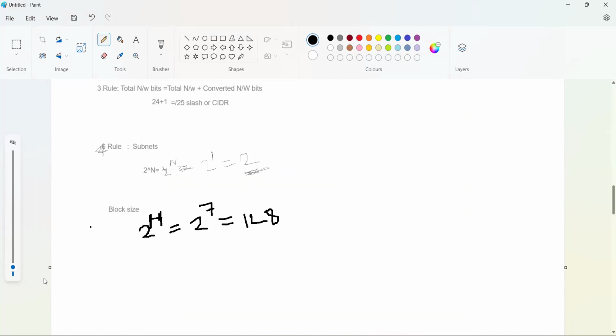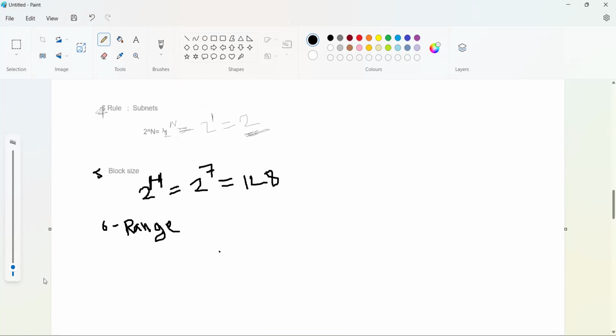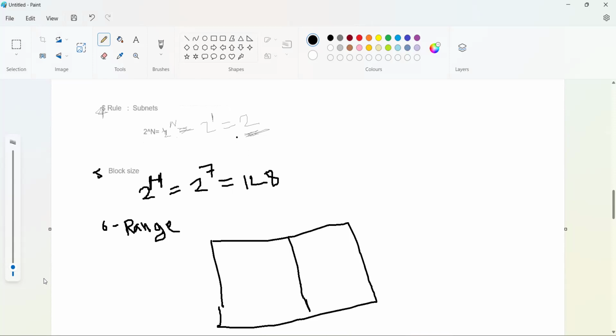And my range, finally, let's say rule 5 and rule 6, is my range of IP addresses. For example, with the block given, the networks are 2 networks, starting from 0, and the second one will be 128.